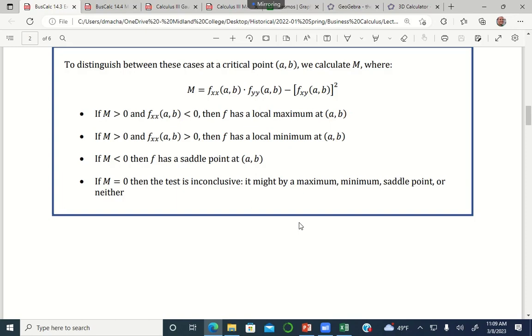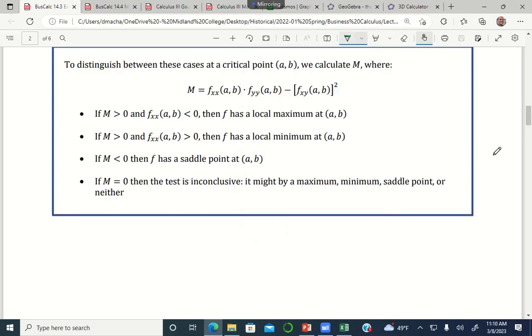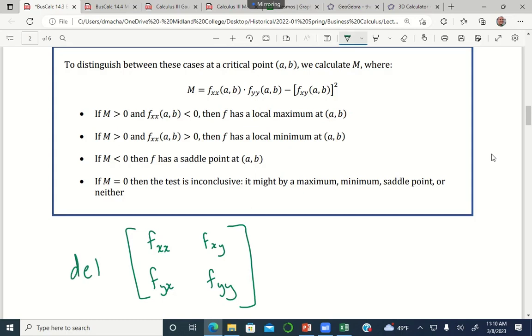We talked a little bit earlier in this semester about determinants of a matrix. And so I can actually say this to you guys, whereas I would skip over this talking to my business calculus class. If I define a matrix like this, where this is the second partial with respect to x, and this is the second partial with respect to y, and this is the partial with respect to x and y, and this is the partial with respect to y and x, then I take the determinant of this matrix.